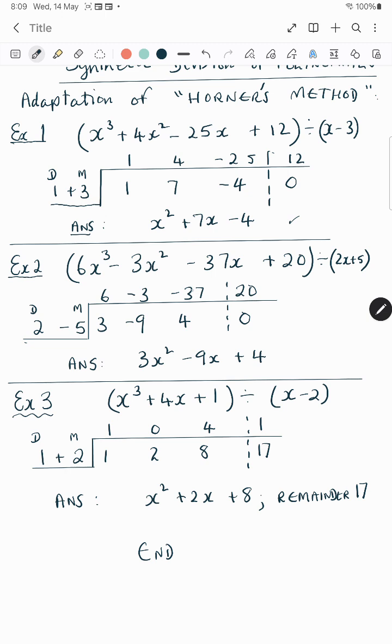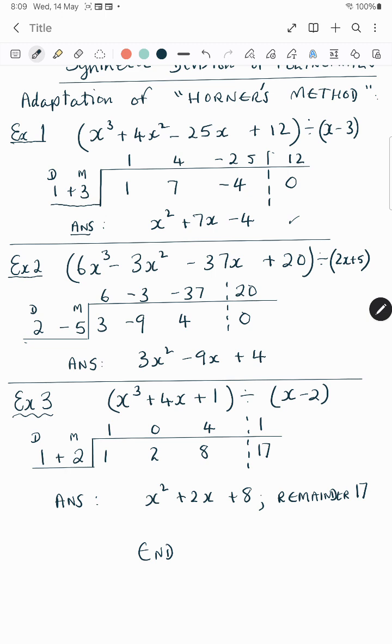Added on to minus 37 is plus 8, but we have to divide that by 2, so that becomes 4. And finally, we do minus 5 times 4, and add it on to 20, which is 0. And that completes that one. So our answer is 3x squared minus 9x plus 4.